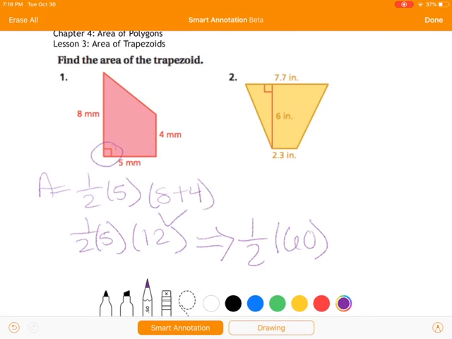So if we cut 60 in half, or we multiply it out, whichever you want, either way, you are left with 30. And again, we want to keep those units, so we have 30 millimeters squared.